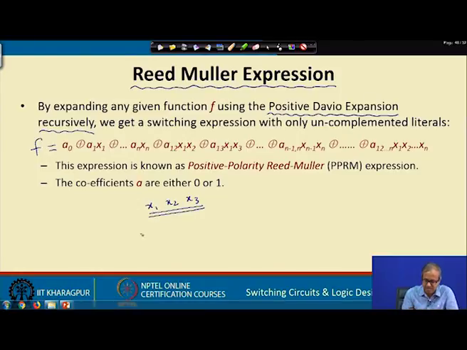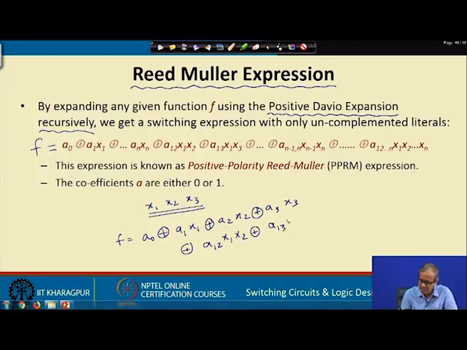For 3 variables, this function will look like this: a0 XOR a1 x1 XOR a2 x2 XOR a3 x3, not plus, this will be all XOR, XOR a12 x1 x2, a13 x1 x3, a23 x2 x3 and XOR a123 x1 x2 x3.